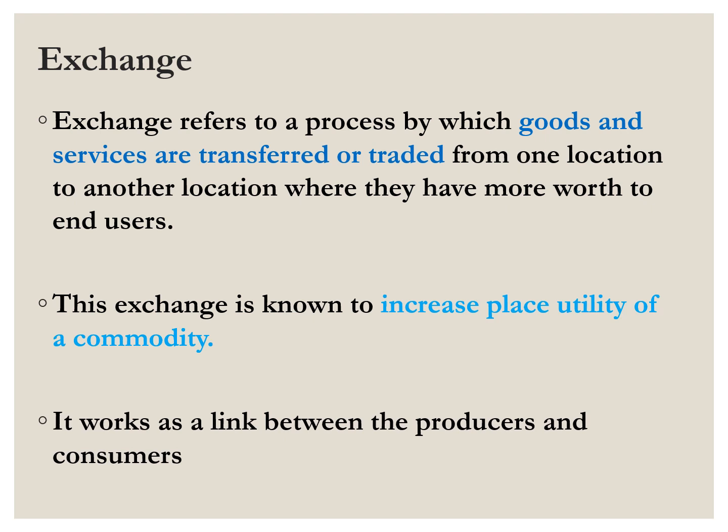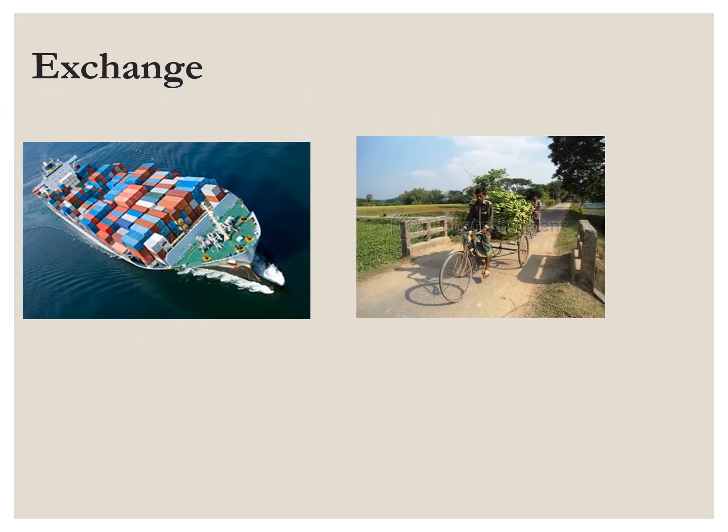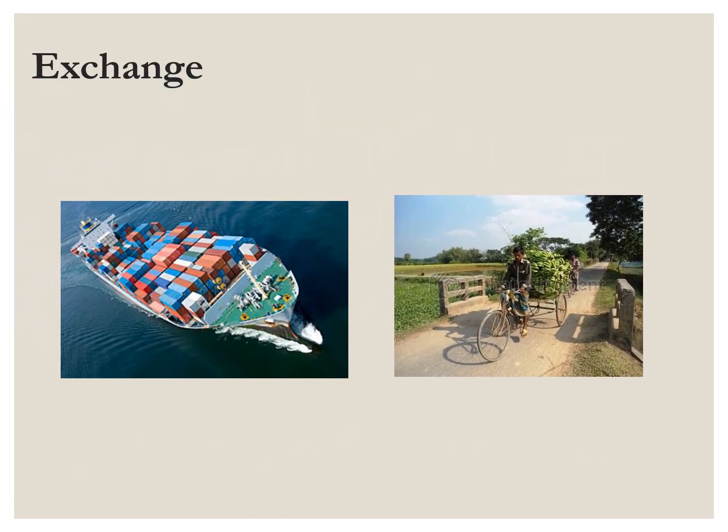It works as a link between the producer and consumers. Transportation service plays a vital role in the exchange mechanism. It makes a linkage between producer and consumer. Produced goods are transported through different modes and reach the consumer.